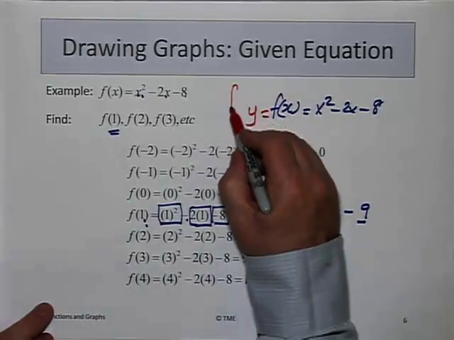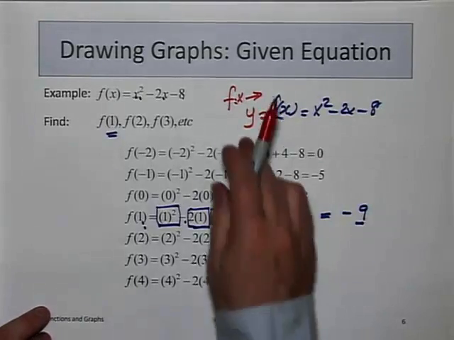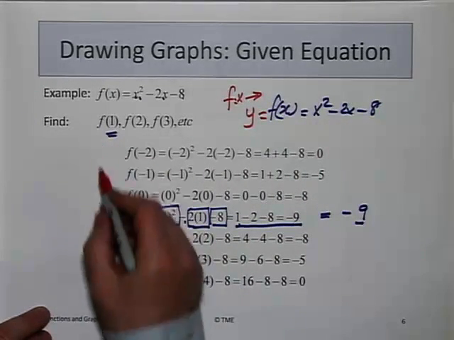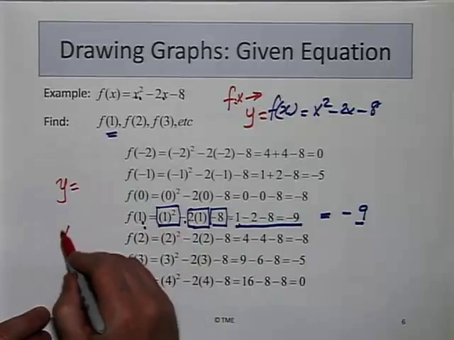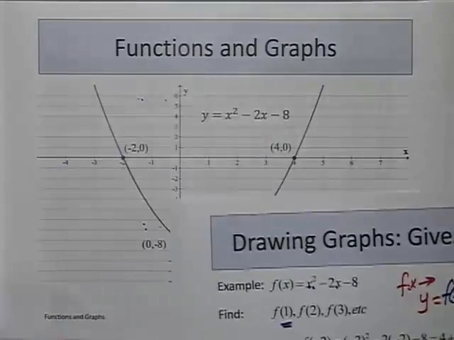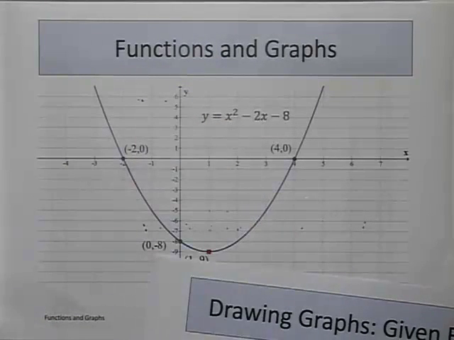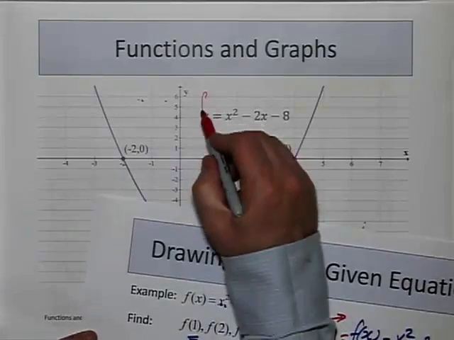But it's really y we're talking about. So this f here is really y is equal to x squared minus 2x minus 8. Because when we draw the graph, it's the y-axis we're talking about. That's our function. So it's really y or f(x).